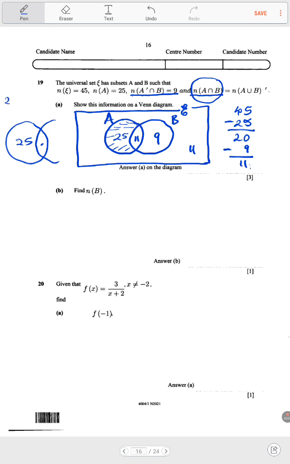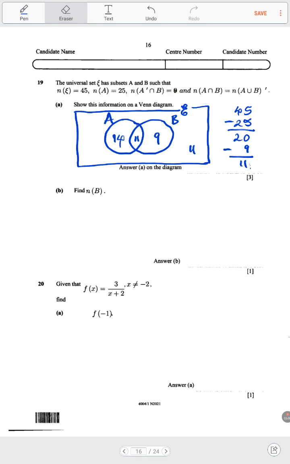So we're going to say 25 minus 11, and you're going to end up with 14. So here I'm going to erase this part and write 14. So this is how you represent your answer as a Venn diagram.